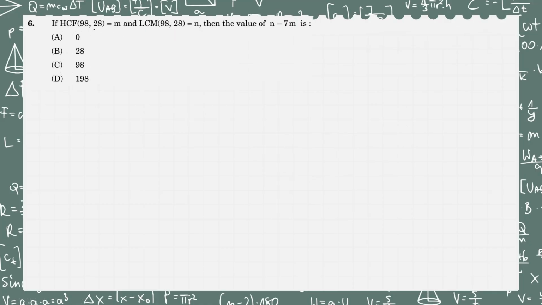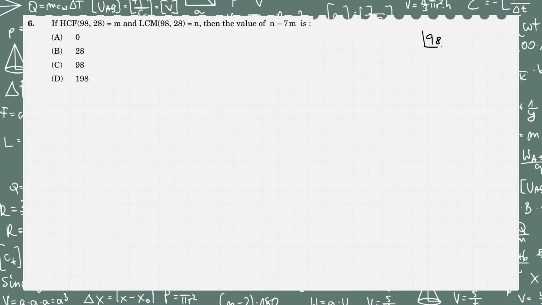If HCF of 98, 28 equal to M and LCM of 98, 28 is N, then the value of N minus 7M is. So first of all, here we need to do the prime factorization method for the numbers given.